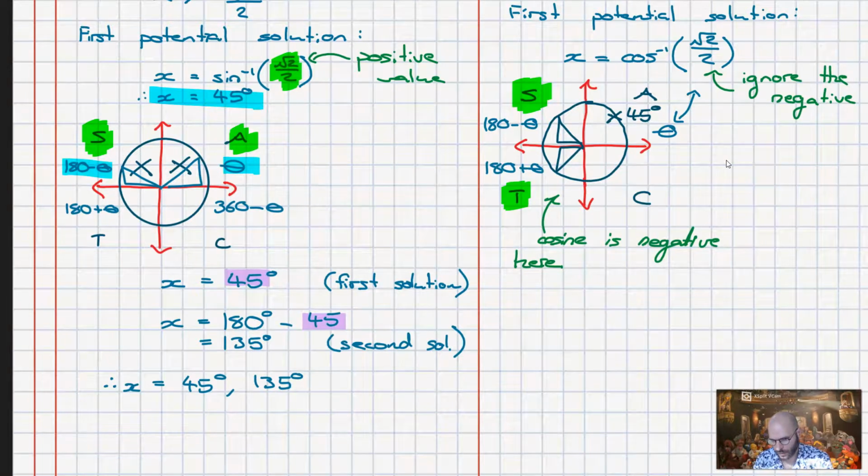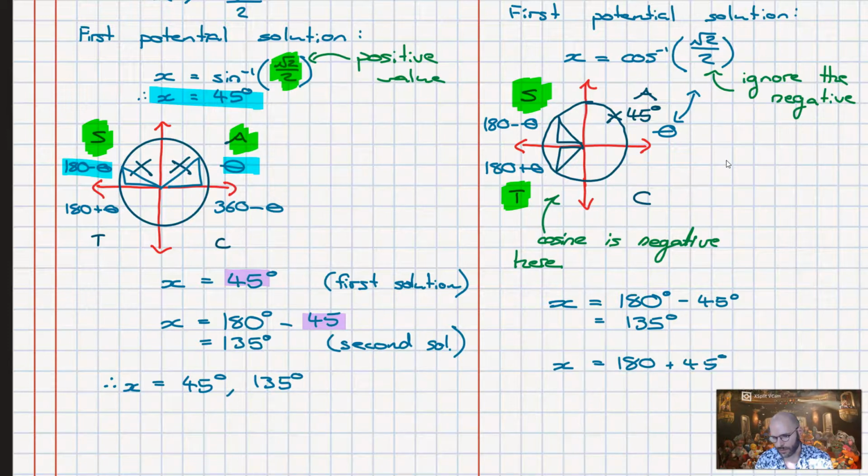So computing these, what we're going to find is that x is equal to 180 degrees minus 45 degrees, and that will yield a value of 135 degrees. And then secondly, we're going to get 180 plus 45, which will yield a value of 225 degrees.